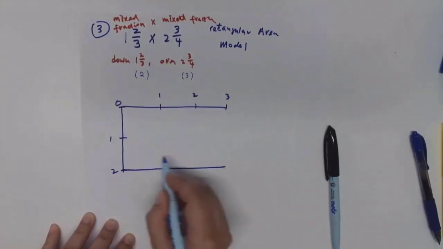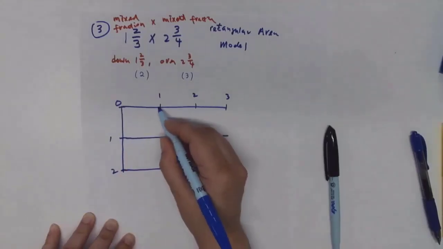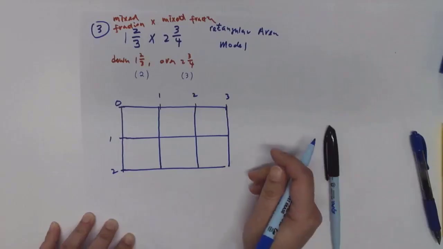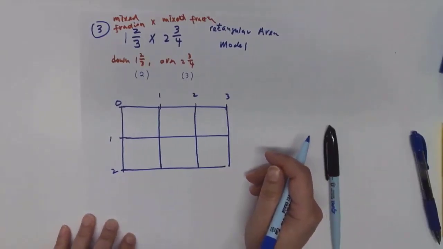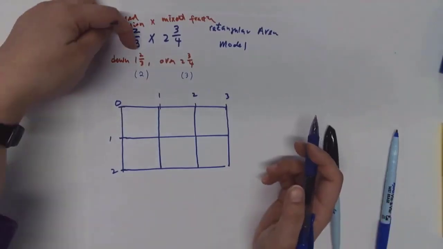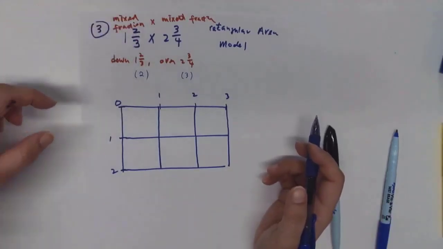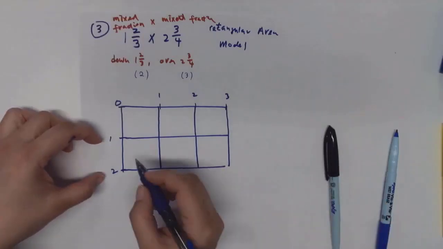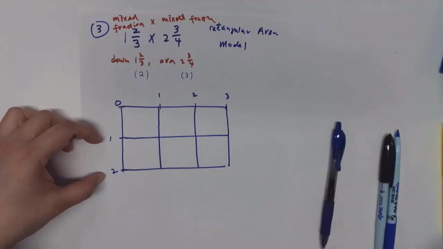All the markings horizontally and vertically. So we should have 6 boxes at this moment because it's 2 times 3. And then going down, I need to cut it to 1 and 2/3. 3 equal parts between 1 and 2. So I'm going to cut that into 3 equal parts.